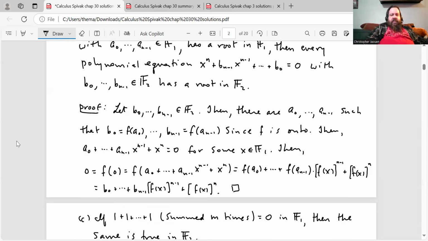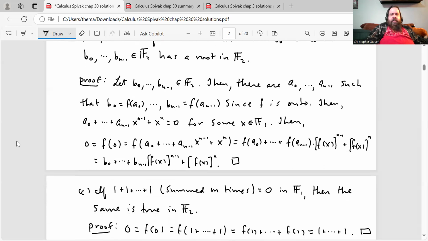So this is very similar to what we just did. Let b0 through b sub n minus 1 be elements of the field F2. Then there are a0 through a sub n minus 1 such that b0 equals f of a0, et cetera, down to b sub n minus 1 equals f of a sub n minus 1. That's because f is an isomorphism, so it's onto, right?